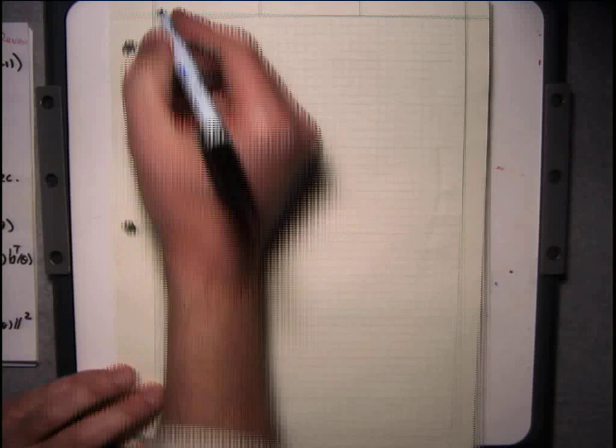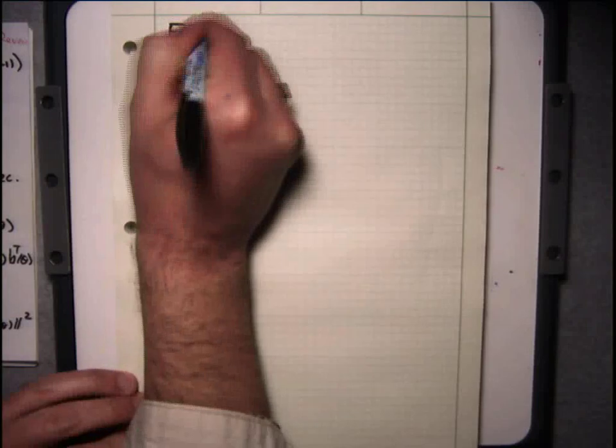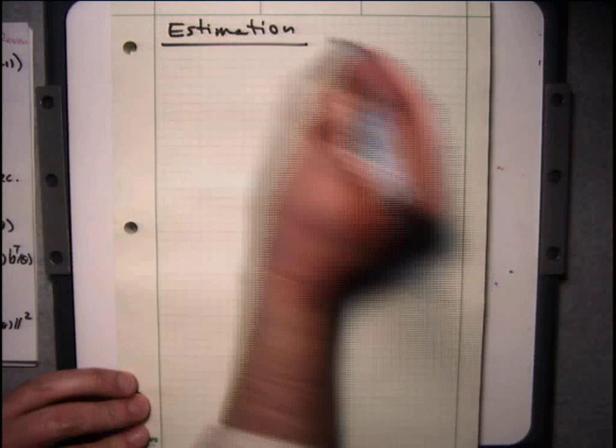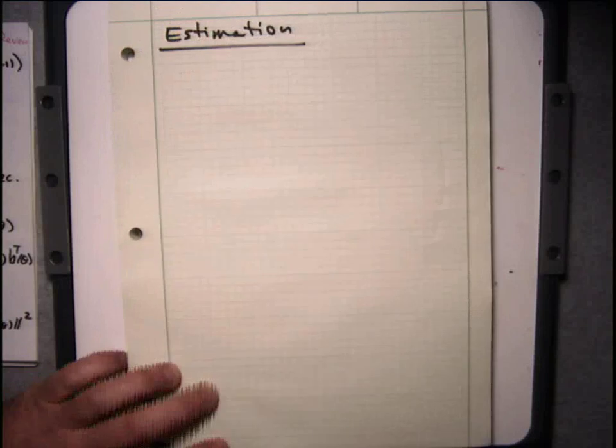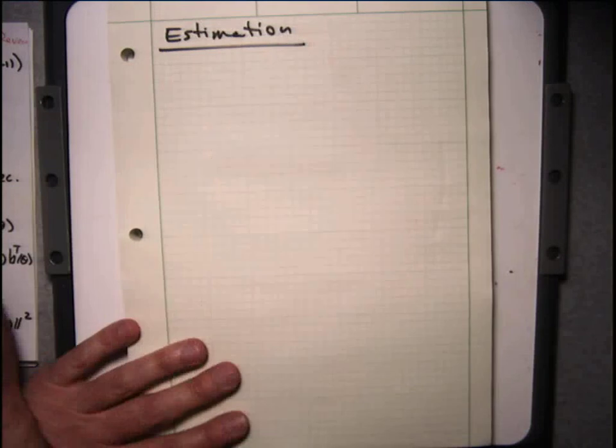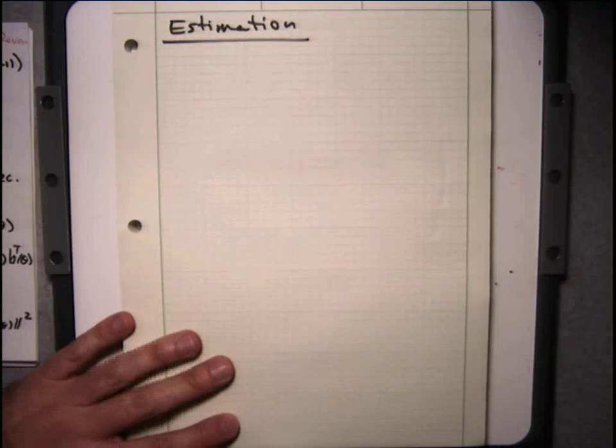Okay, so the concept of estimation is that you're trying to extract a parameter where a bunch of data give you some information about that parameter.